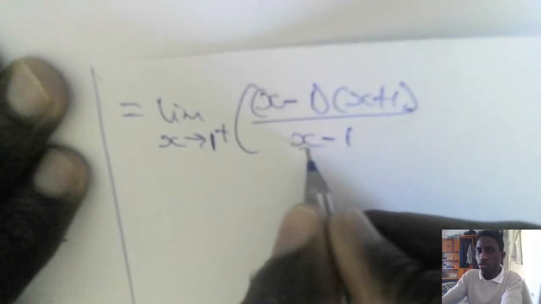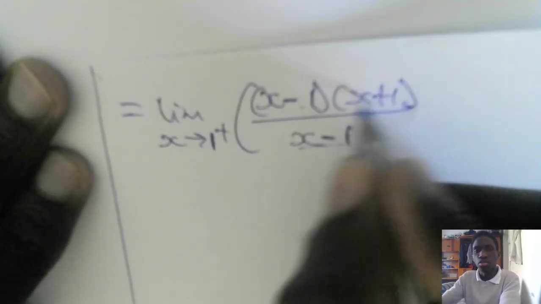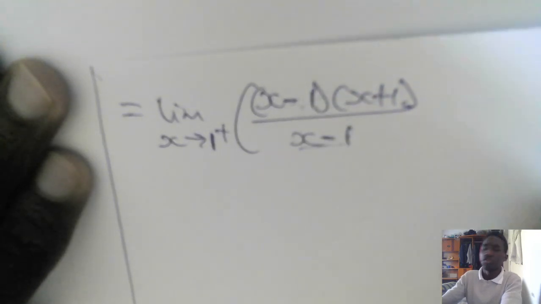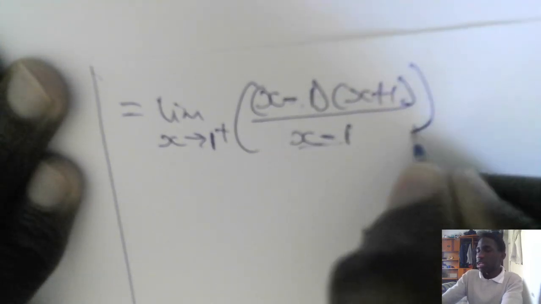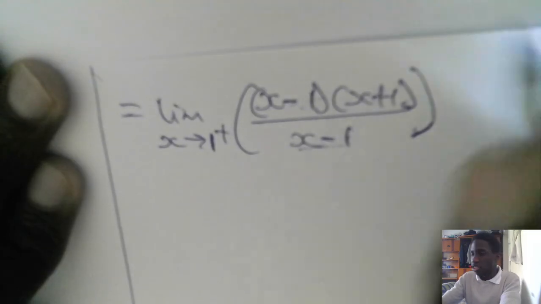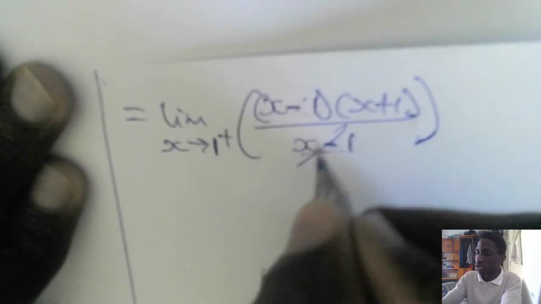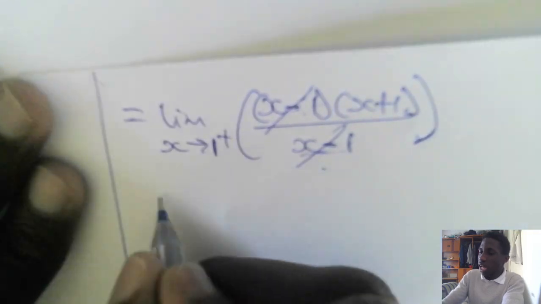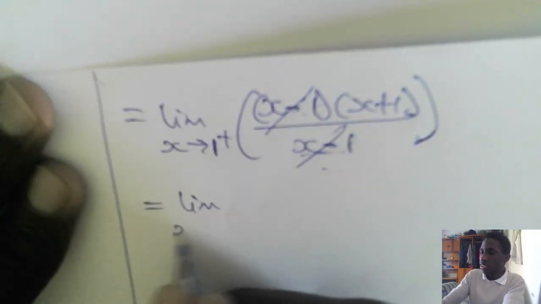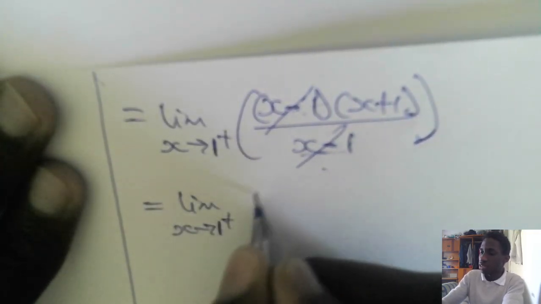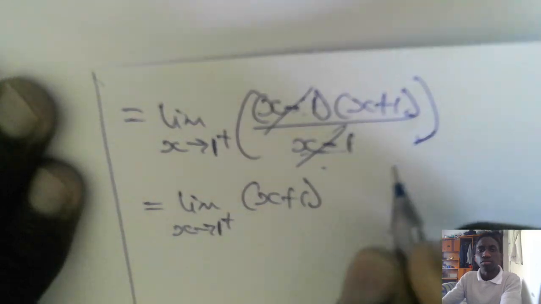The x minus 1 in the denominator is still there. I've expressed the numerator as a difference of two squares. Now it's very obvious at this stage that this can cancel this. So we knock them off and we are left with the limit as x approaches 1 from the right of x plus 1.